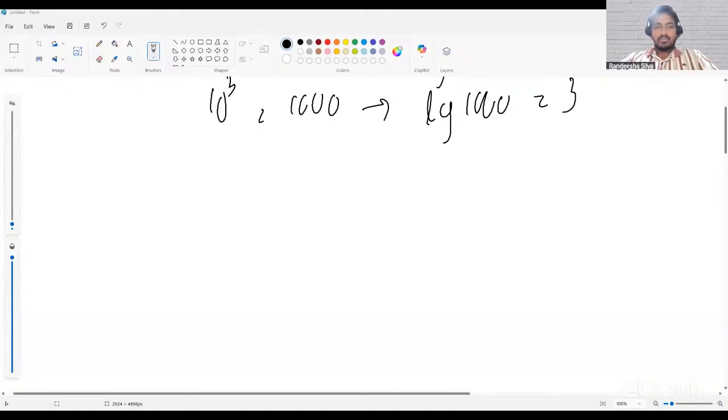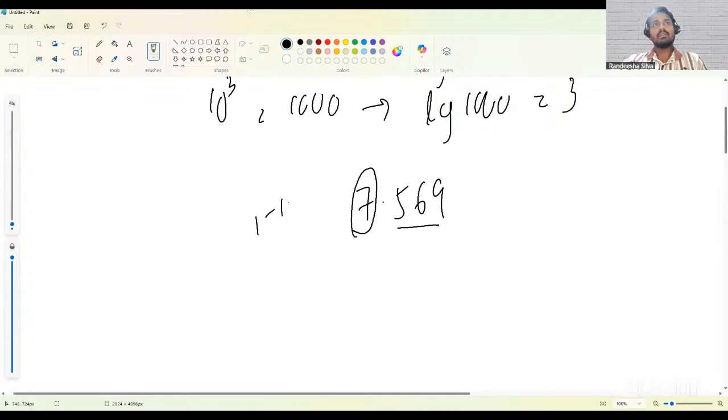In the previous day, we discussed the logarithm of a number up to two decimal places. Today we'll be discussing another part, the logarithm of a number up to three decimal places that lies between 1 and 10, such as 7.569. There are three decimal places, and the number is between 1 and 10.